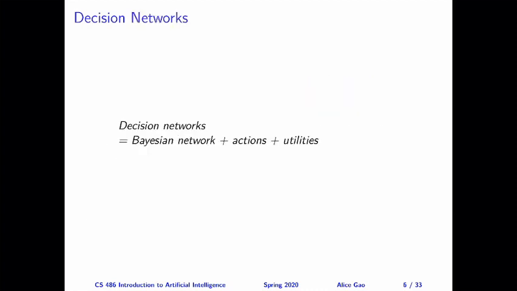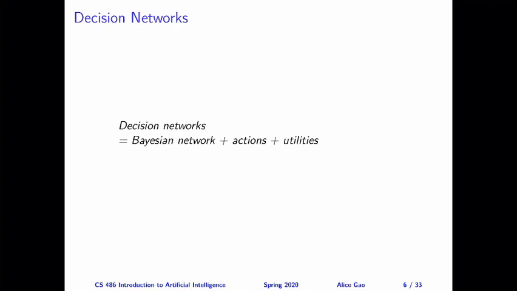In this unit, we are going to focus on thinking about how to make a decision in an uncertain world. In order to do that, we first have to perform inference to understand the uncertain world, and then decide on which action will maximize our expected utility. Because of this, the main tool we are going to use is related to the tool we use for performing inference.